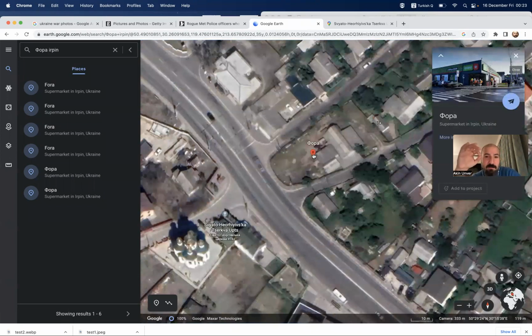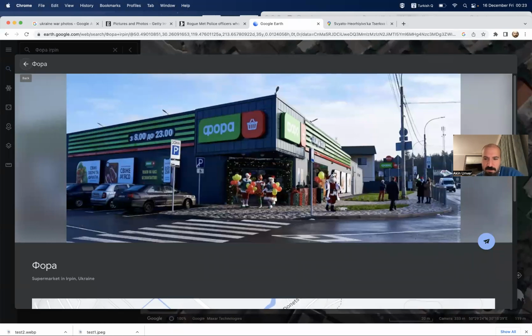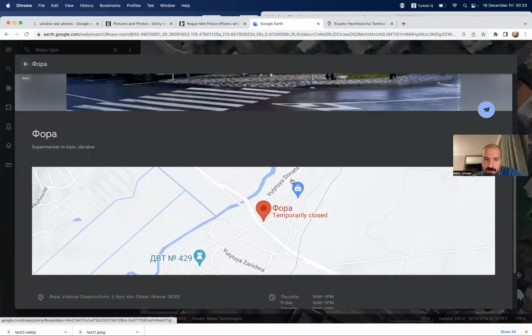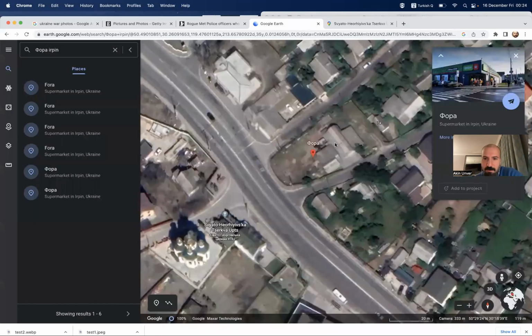This happens, and this is a very interesting lesson for you as well. In war zones, in disaster zones, in remote areas, in rural areas, sometimes there is fora, there's a construction there, and you can see it actually in Google Maps.